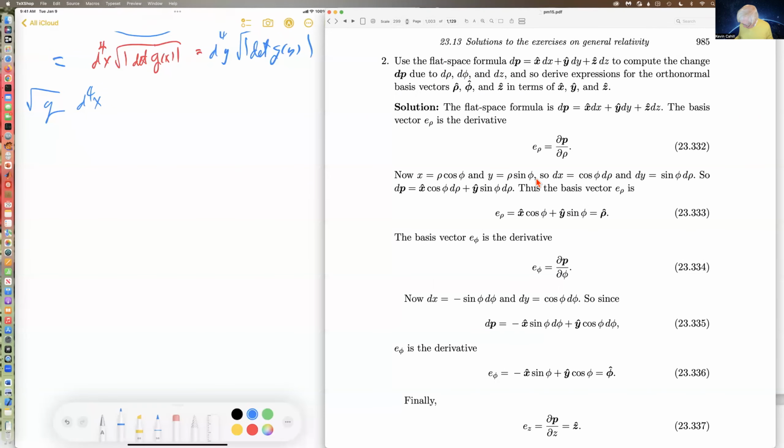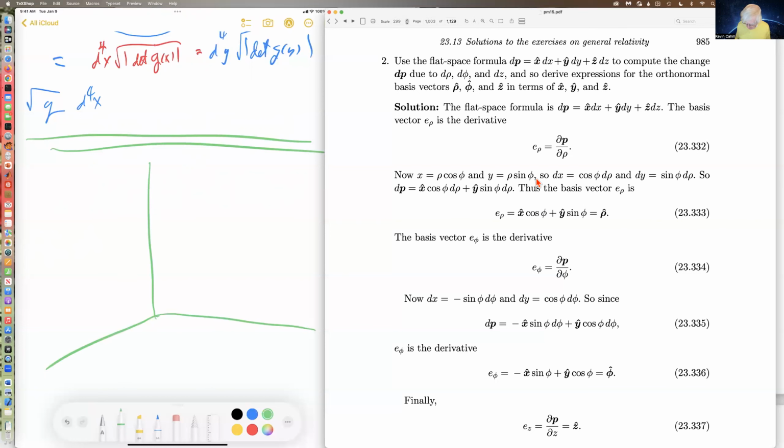Let me maybe just in case some people haven't seen some of these things. So in other words, that's the z-axis. This is the x, y, z-axis, and the angle here is phi, and rho is the distance here, so that's rho, and z is how high you are.